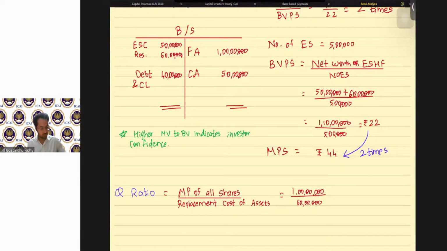Then of course this is going to be 1.67 times. It means the market value is 1.67 times the cost of the assets the company has. Here also it indicates the investors' confidence, and the higher this number, the greater the investor confidence.